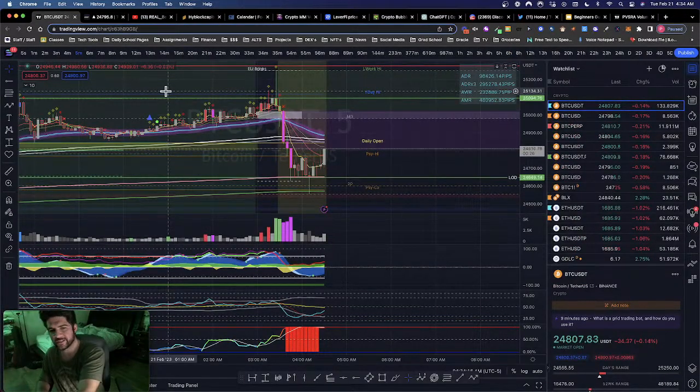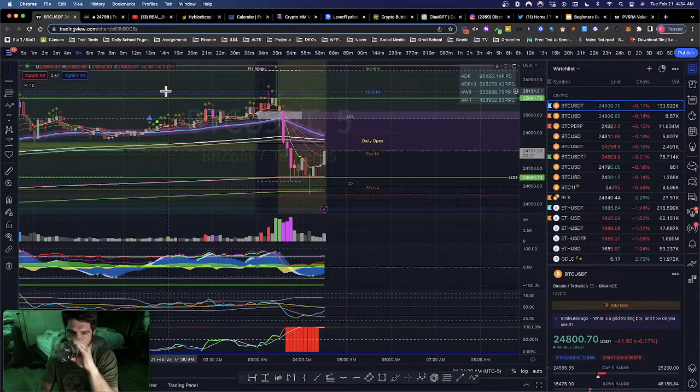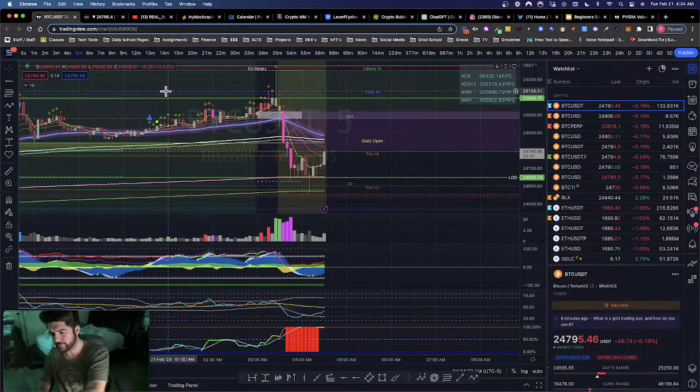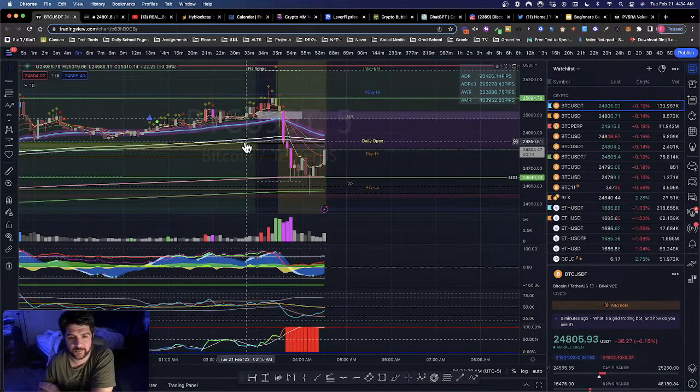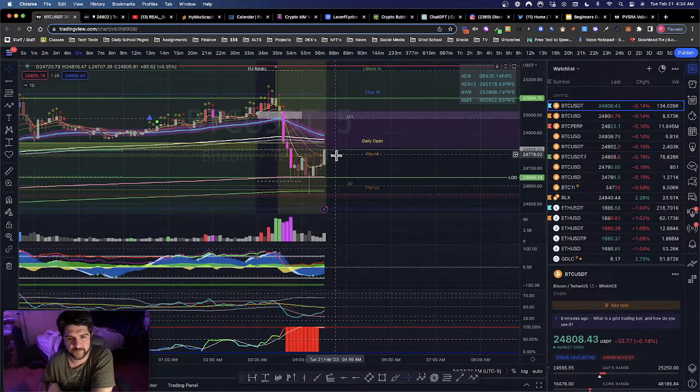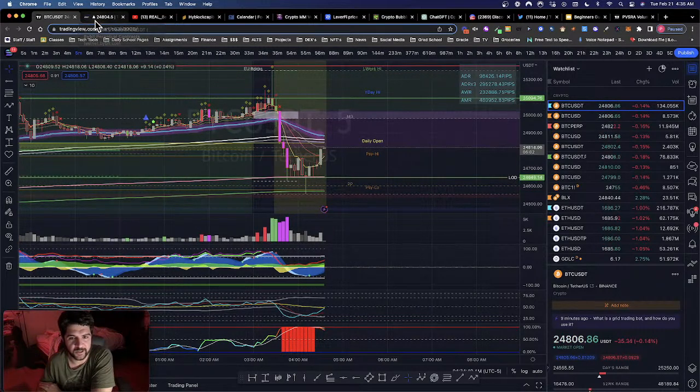Maybe because it's a testnet. Whew. What kind of bullshit is this?